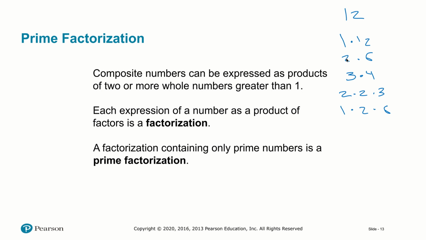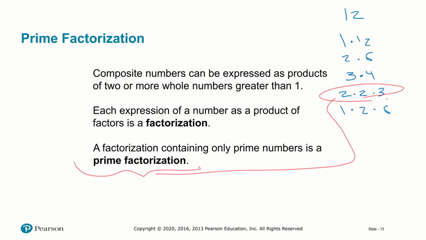However, notice that of all of these factorizations, one stands out, and that is this one. Why is that? Because every number in that factorization is a prime number. So that's precisely why it is called the prime factorization of 12.